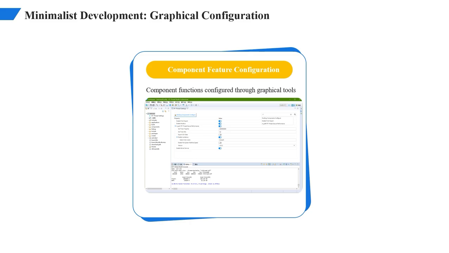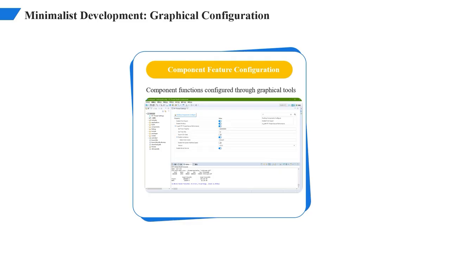And the component level features follow the same logic. All the component functions, whether the storage subsystem, network stack, display driver, or industrial protocol model, are configured through the graphical tools.